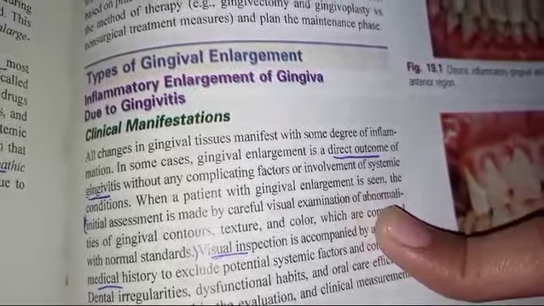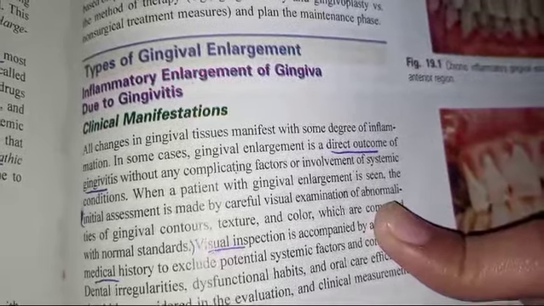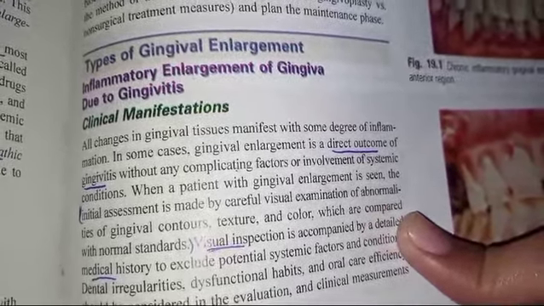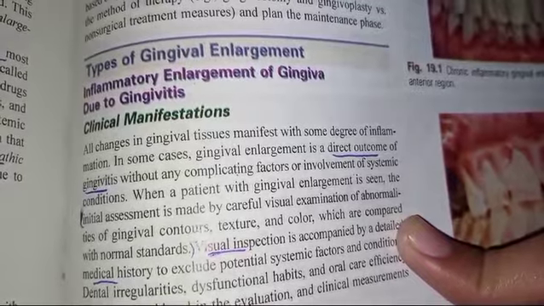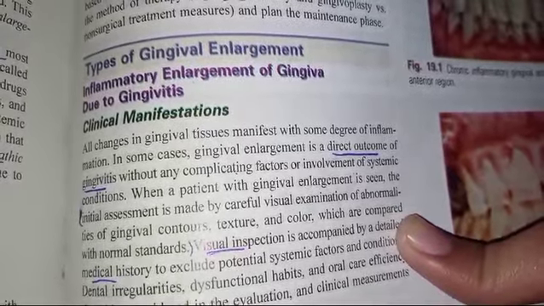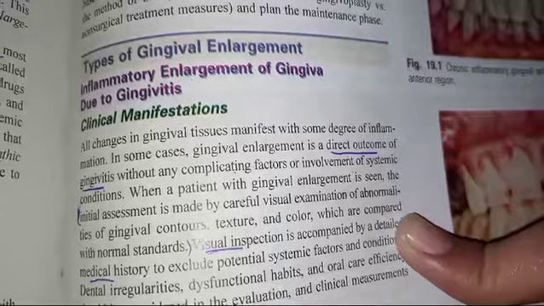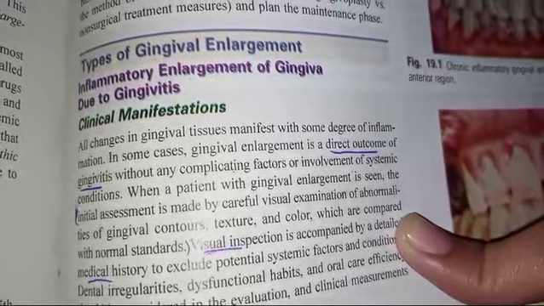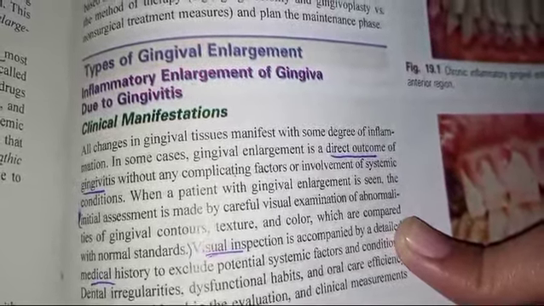So how will you see the patient? First you will do initial assessment by basically visual examination of abnormalities of the gingival contour, color and texture, which is very important, and compare to the normal gingival contour, texture or color.